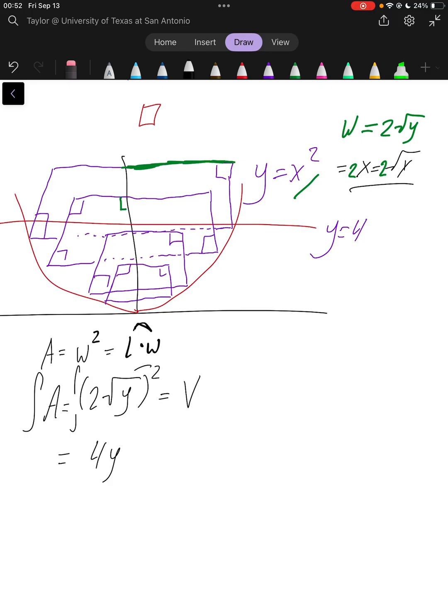We're integrating with respect to y, so we start from y equals 0 and go all the way to y equals 4.